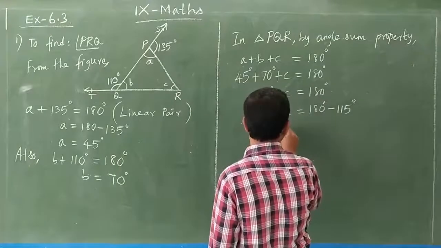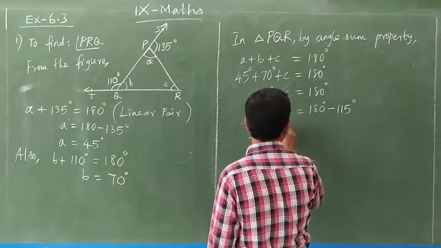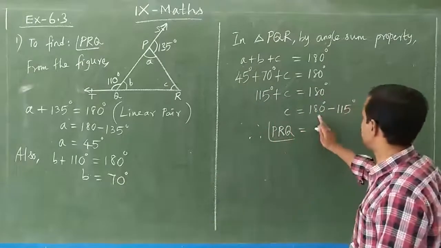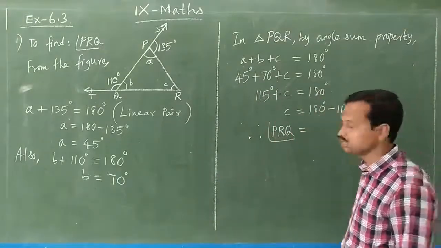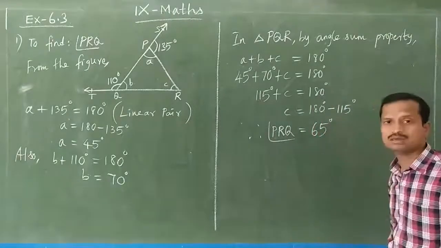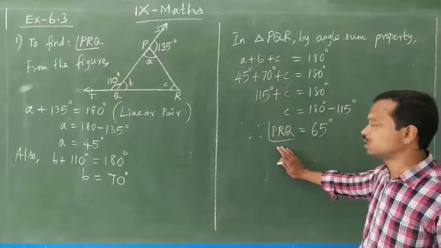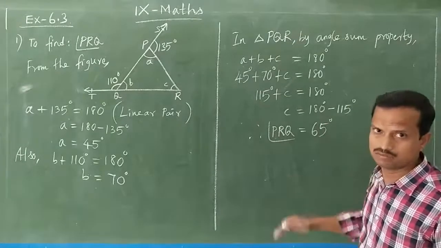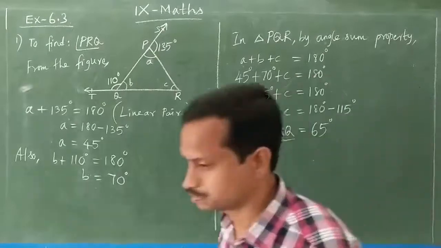That is what we have to find. So PRQ is equal to 180 minus 115, 65. So that is the answer. Clear? So now we got angle PRQ is equal to 65 degree, and we move to the next sum.